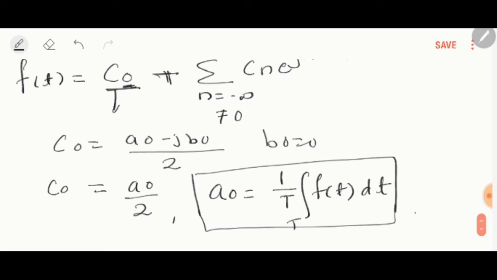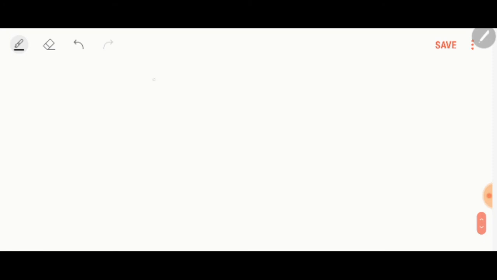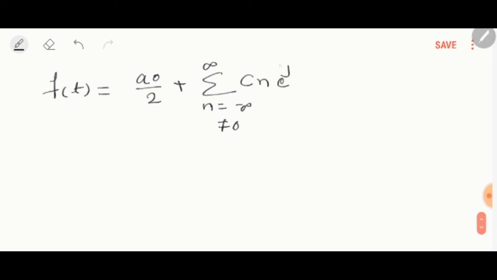So now, to summarize, we can write the exponential Fourier series as ft equals a0 by 2, which is nothing but C0, plus summation from n equals minus infinity to plus infinity, where n is not equal to 0, Cn e to the power j 2 pi n f naught t.